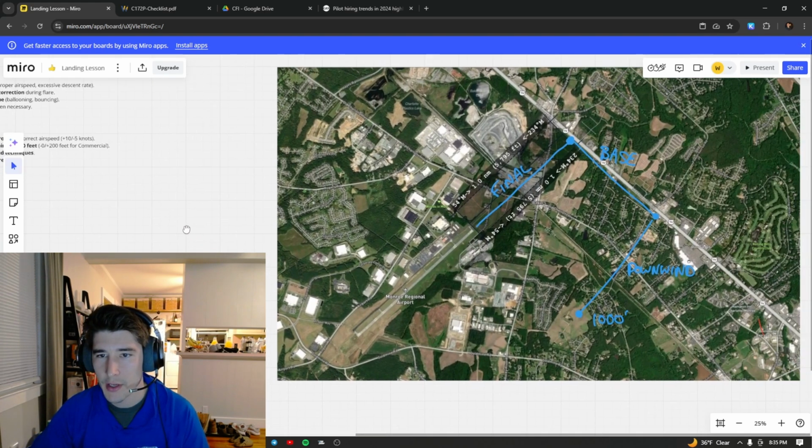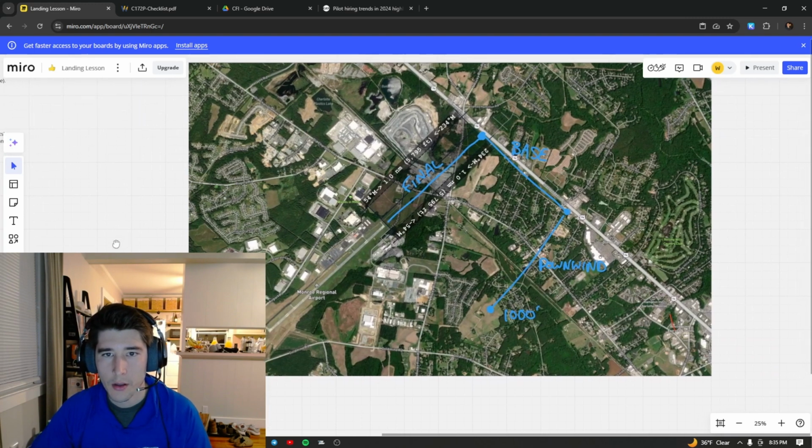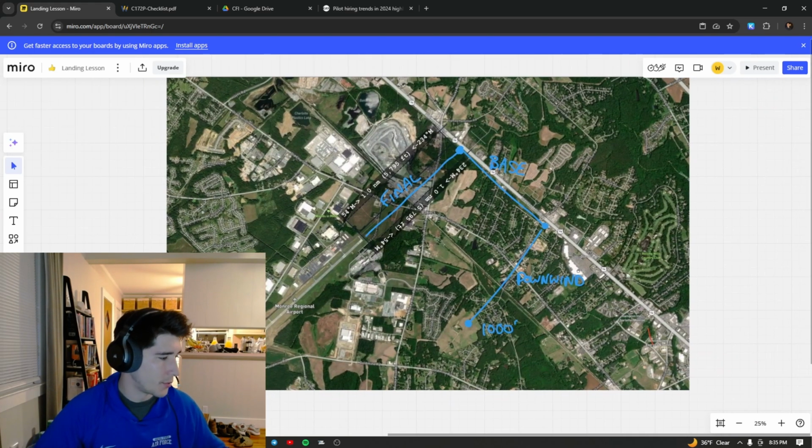All right, so here are the energy states. So let me pull up the iPad here and let's just talk through this. So we know that you can see here final is 1 nautical mile, base is about 1 nautical mile, and downwind is about 1 nautical mile. 1 nautical mile is about 6,000 feet.